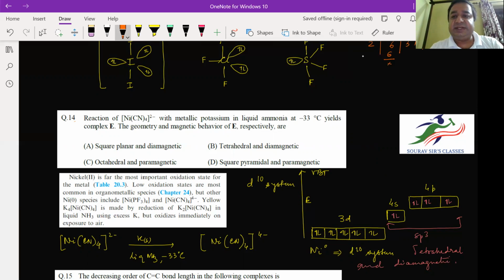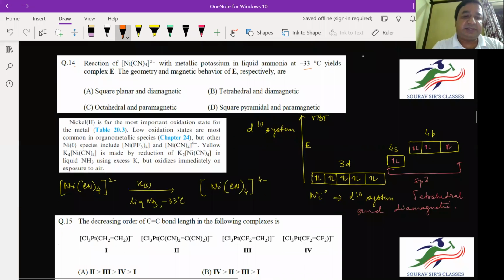At 33 degrees centigrade it yields complex E. So according to the reaction, it is NiCN4 in liquid ammonia, so it is forming this complex E. All right. Now in complex E, we have the oxidation state on nickel as 0, whereas in the previous one, it is 2.